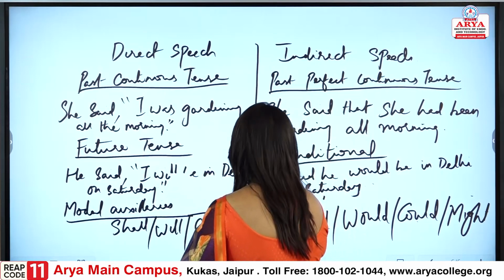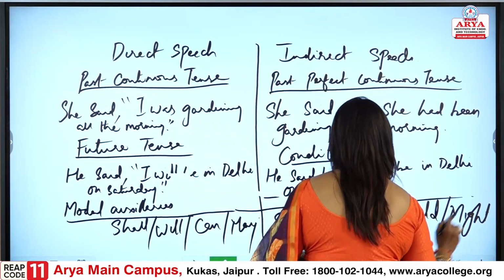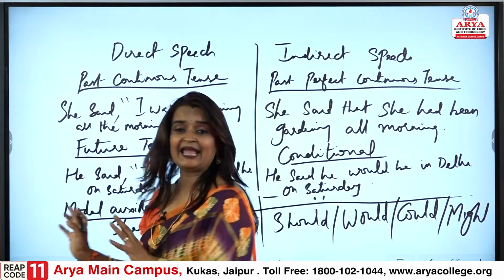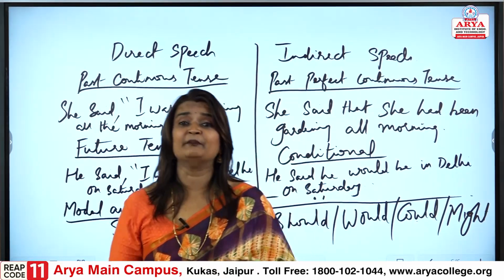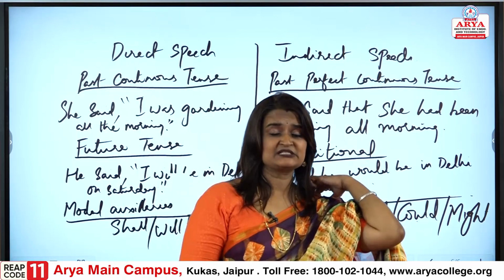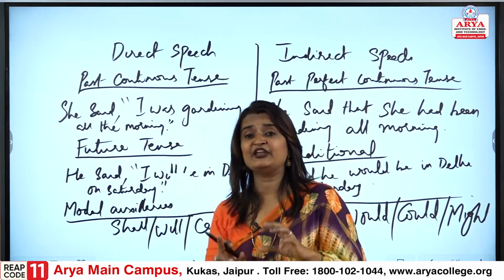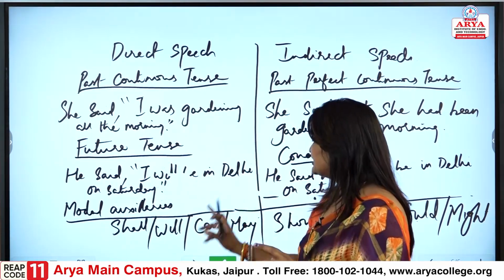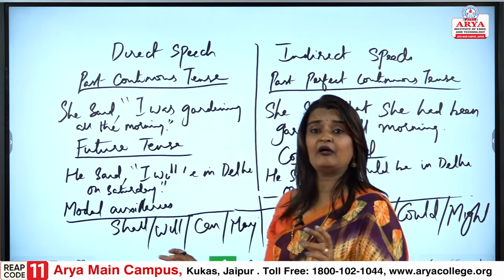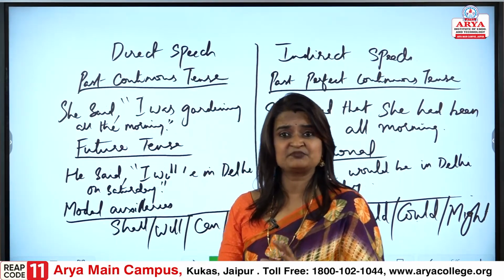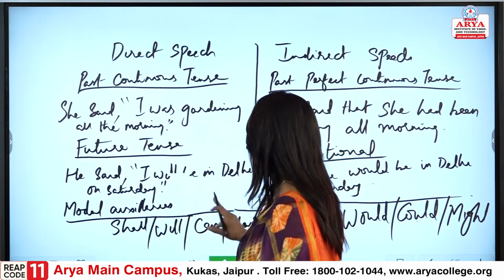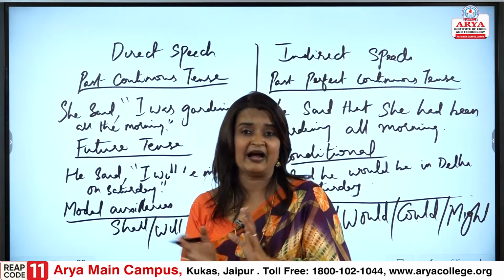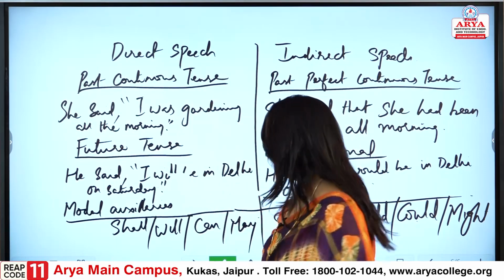This is one blind rule that we need to remember, because in future, when you are working out shall in indirect speech, shall becomes should, will becomes would, can becomes could and may becomes might. So, accordingly it would change.